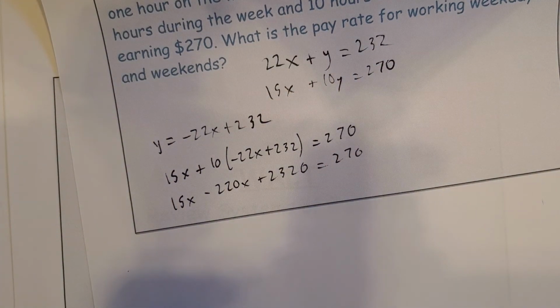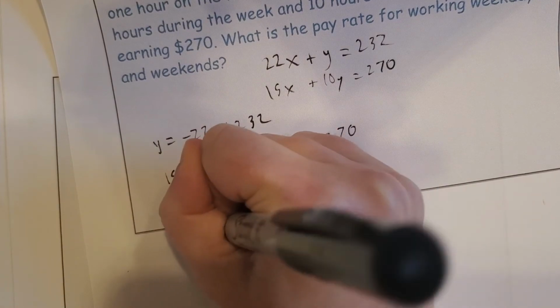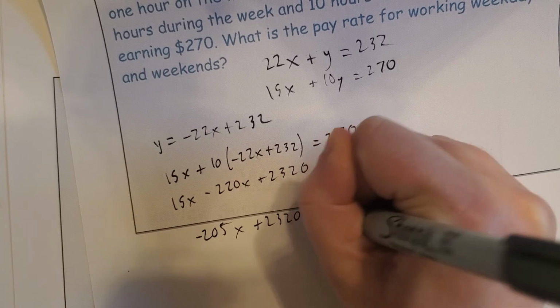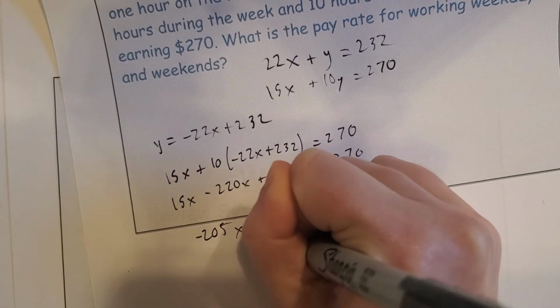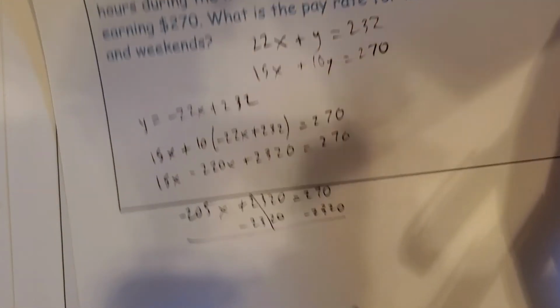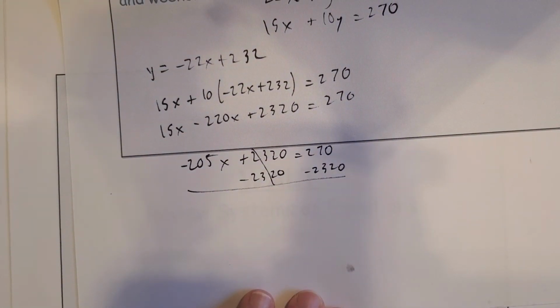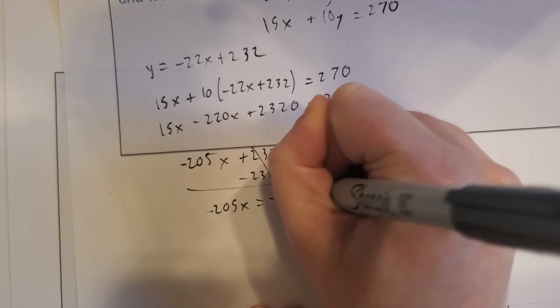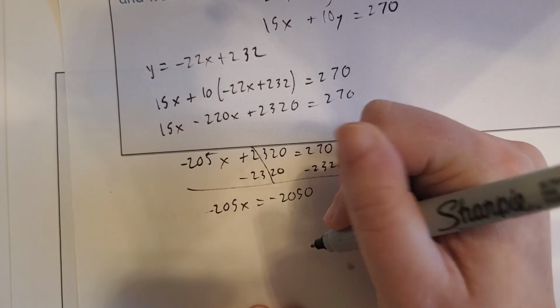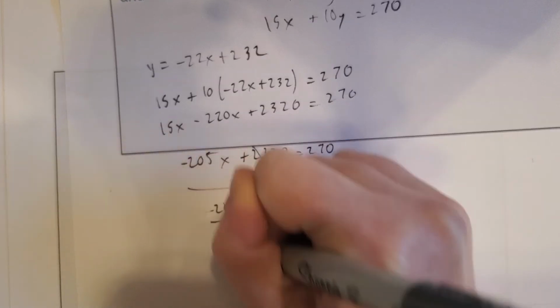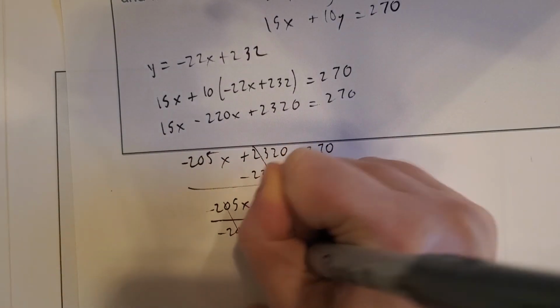See, huge numbers. Negative 205. You guys, yeah, you can still see that. So this is negative 205x equals negative 2050. And then when we divide that by negative 205, we get 10.